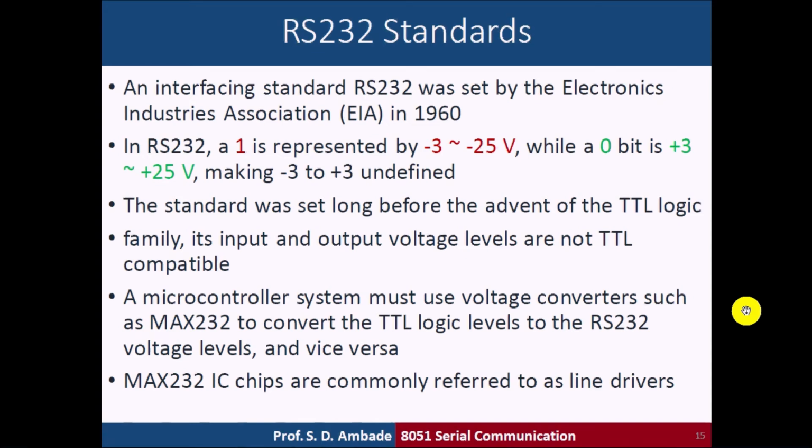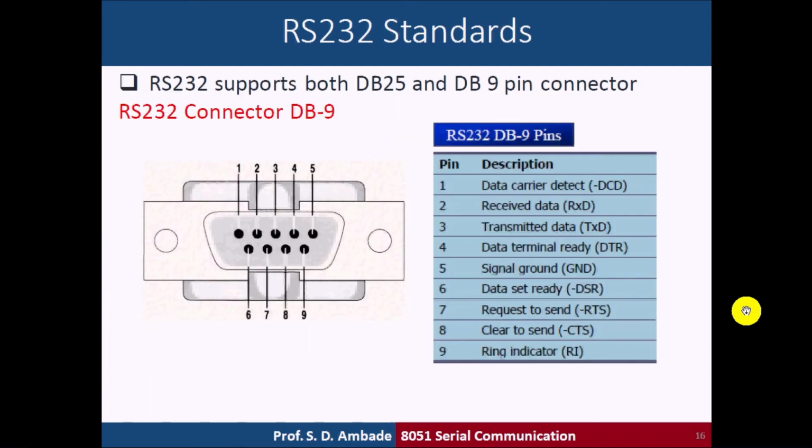MAX232 IC chips are commonly referred to as line drivers, as they drive during the transmission and receiving process by converting TTL logic level to RS-232 voltage level and vice versa. RS-232 supports both DB25 and DB9 pin connectors.